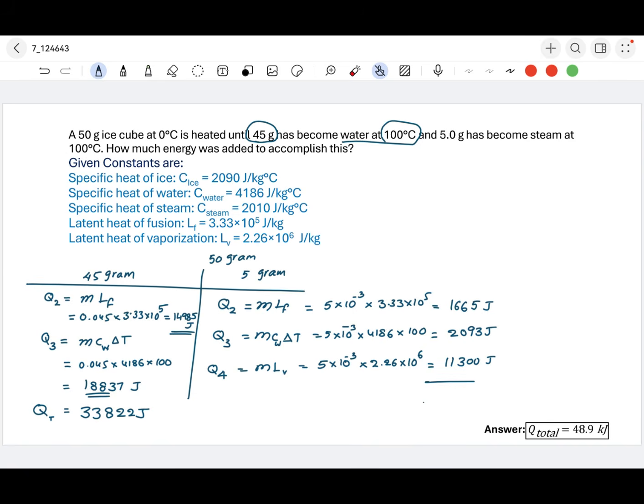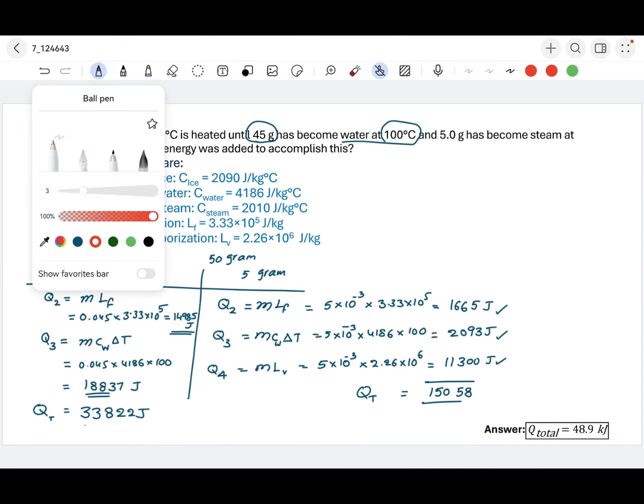So let's add all of them, the total value for 5 gram. The total is around 15058.